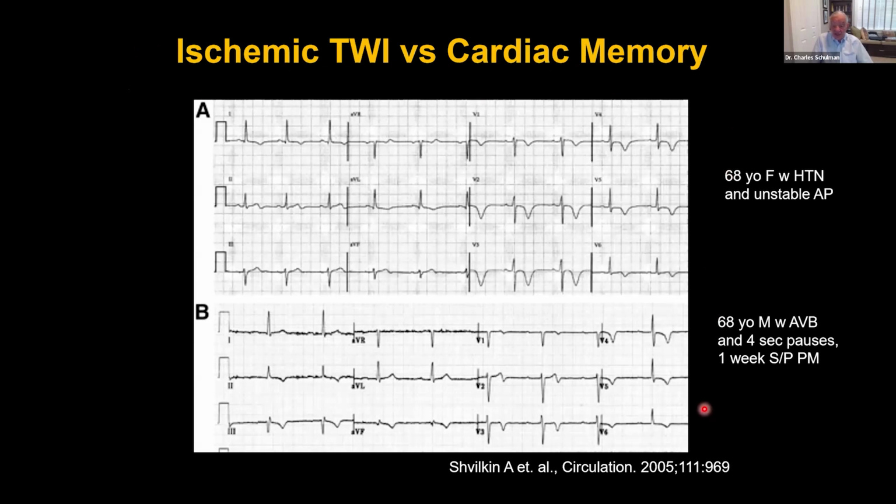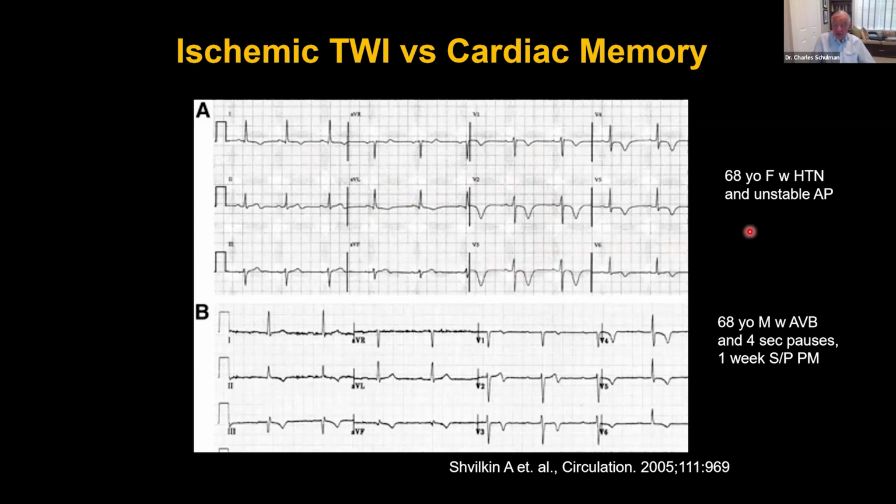So here is another patient, a different patient, with these same T-wave inversions in 2, 3, and AVF and V3 through V6. And here is a patient who has hypertension and unstable angina, who has T-wave inversions in 1 and probably AVL and V2 through V6.